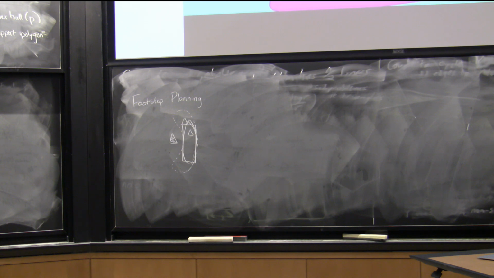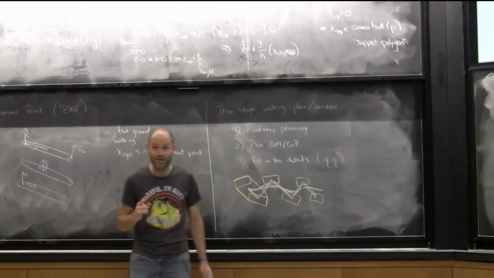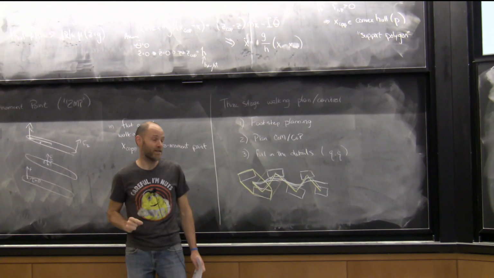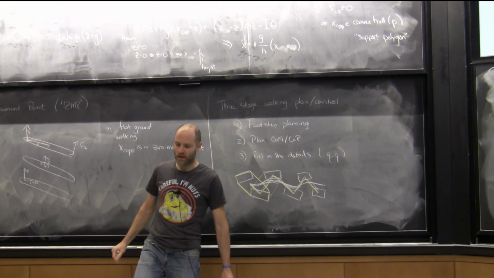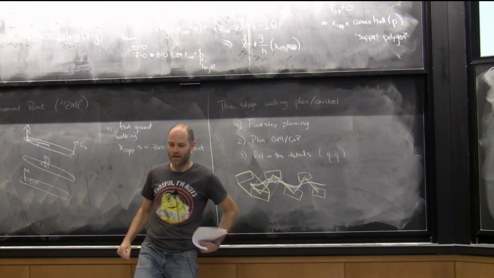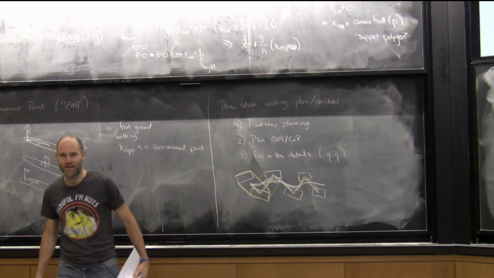I was joking with somebody after class the other day, but there is something you should always look for when you're watching humanoid videos. There are all these videos of push recovery of a robot. You come up and push it, and it takes a step and goes like this. But there is something you can look for that you almost never see in those videos. A lot of times you'll see the robot's walking, and its right foot will be in the air, and someone comes up and pushes it to the right.